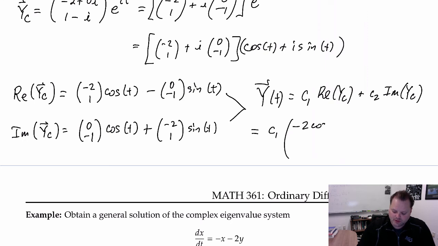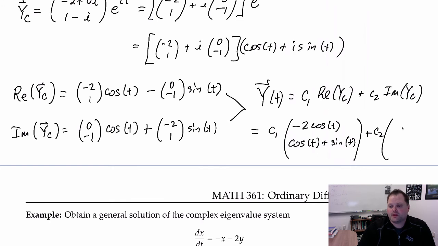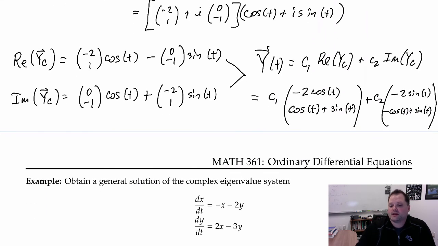The bottom part is cosine t plus sine t. So there is the real vector. Now how about the imaginary part of this vector? The top is just -2 sine t. And the bottom term is negative cosine plus sine. So that's one way to write it. This is kind of the vector form.